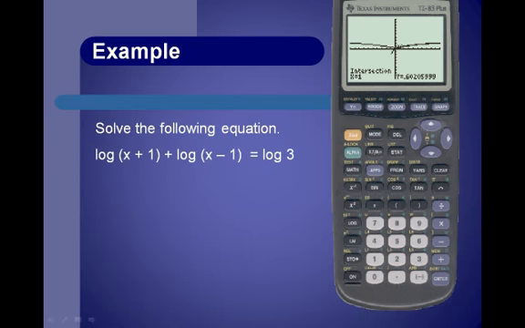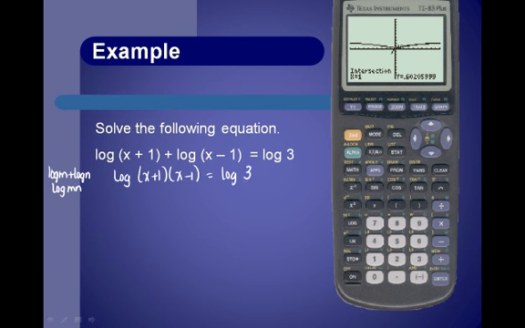Okay, now this one's a little different because we've got 3 log terms. Well, remember the property that says the log of m plus the log of n is the log of mn. So on the left-hand side, we're going to get the log of (x+1) times (x-1) equals the log of 3.